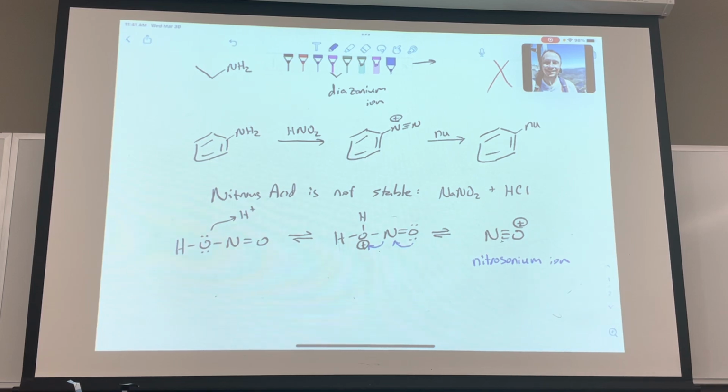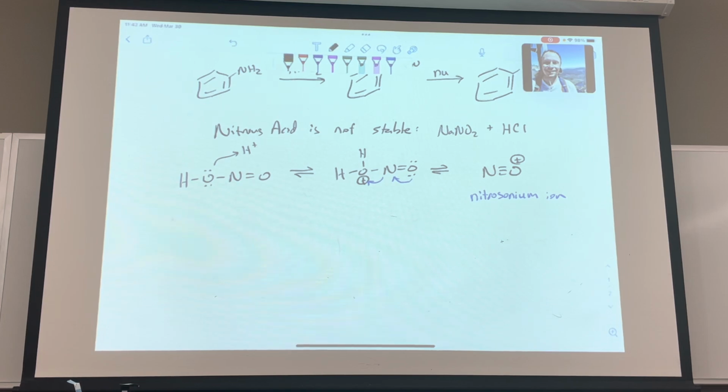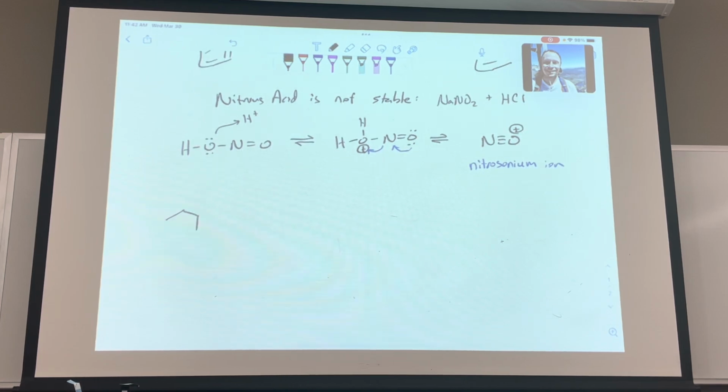So what I want to do now is go through the mechanism of this. How is it that we go from an aromatic primary amine to this aromatic diazonium species? So what we typically do is you kind of think back to what you did in lab on Monday.